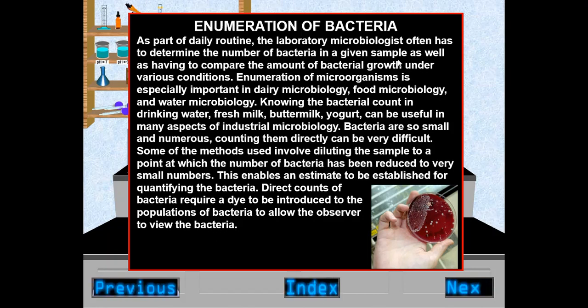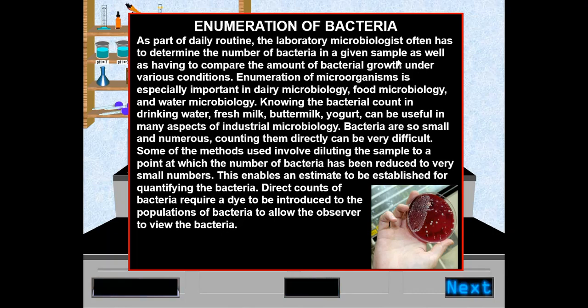Enumeration of microorganisms is especially important in dairy microbiology, food microbiology, and water microbiology. Knowing the bacterial count in drinking water, fresh milk, buttermilk, and yogurt can be useful in many aspects of industrial microbiology.